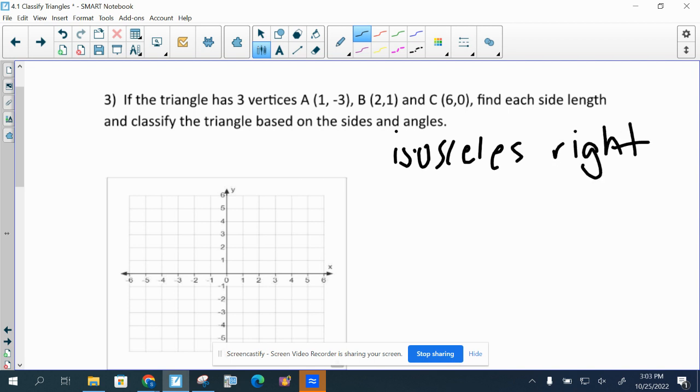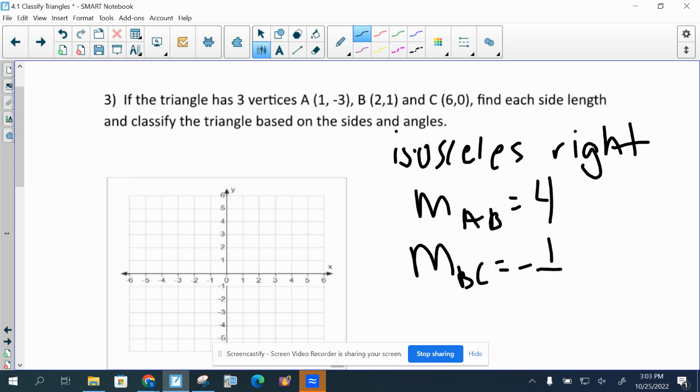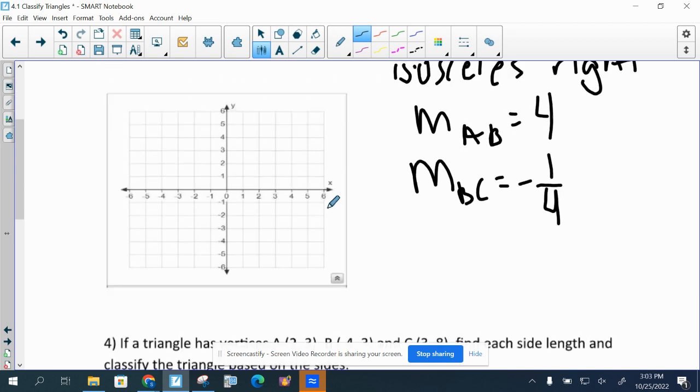Because if you find the slopes of sides AB, the slope of AB ends up being 4, and the slope of BC ends up being negative 1/4. So I'll let you try that one on your own.